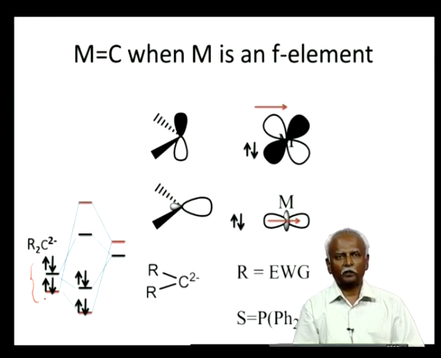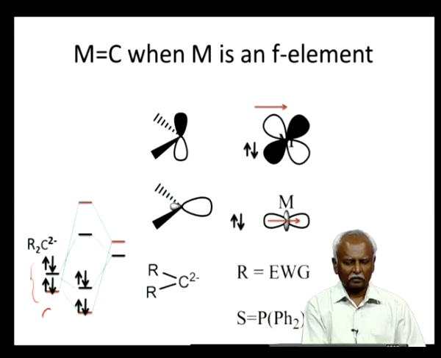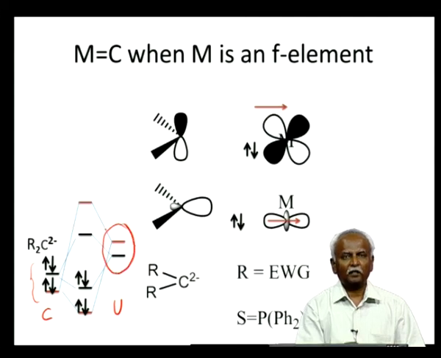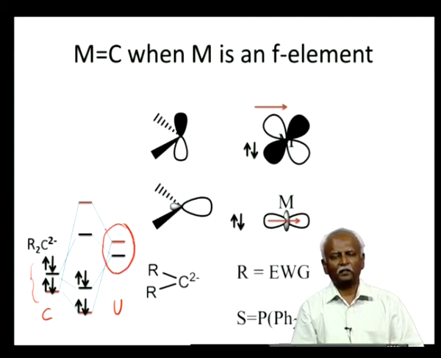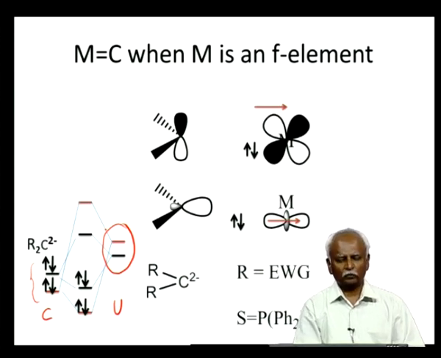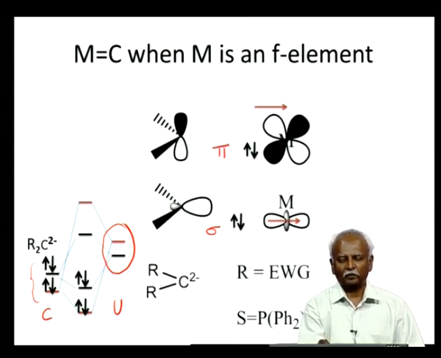shows you 4 electrons present on the carbon, and the vacant orbitals on the uranium are pictured here, and they lie at a much higher energy, but both of them are vacant and they can accept electron density. So, these 2 orbitals on the uranium are stabilized by donation from carbon in both a sigma fashion, and that is the sigma fashion here, and also in the pi fashion.